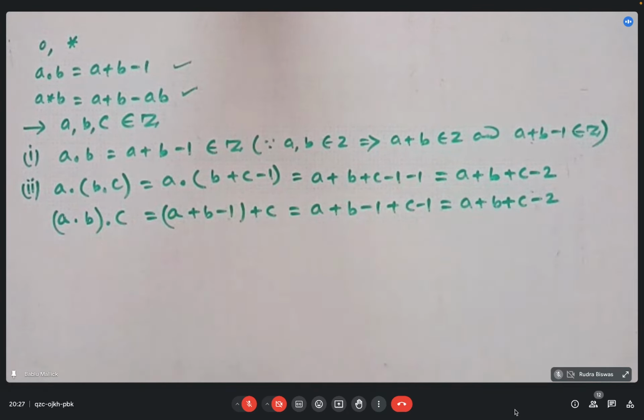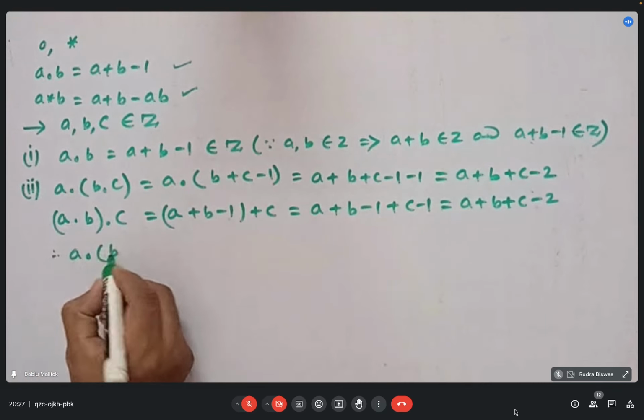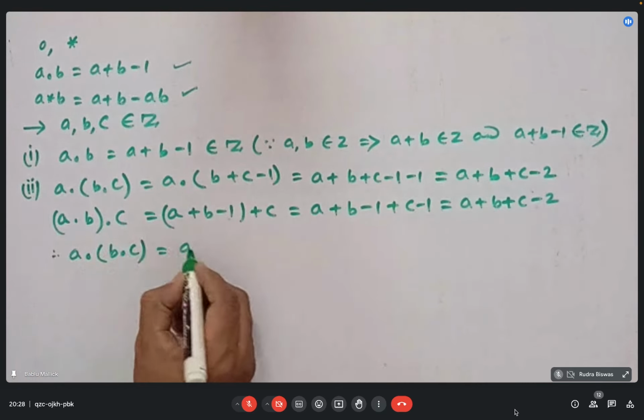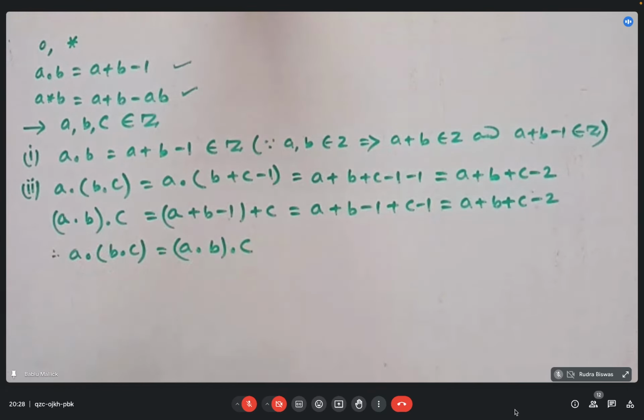Therefore A O (B O C) is equal to (A O B) O C. Therefore O is associative.